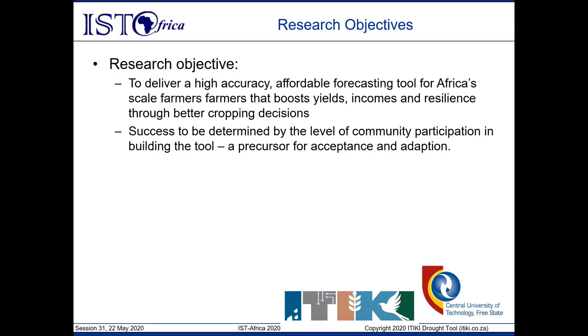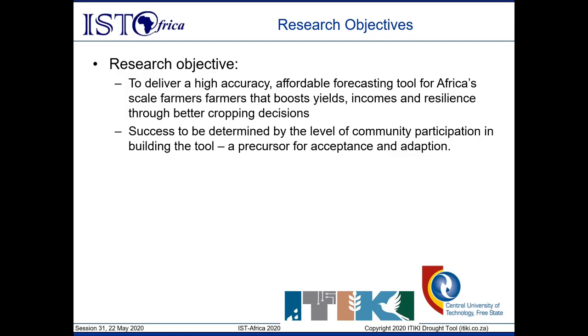The first one was to come up with a highly accurate and affordable drought forecasting tool that can enable small-scale farmers in Africa to know when it will rain, how much it will rain, the pattern of the rain, so that they can be able to know when to plant, what to plant, how to plant it. And this tool is able to help them boost their yields, their incomes, and their level of resilience.